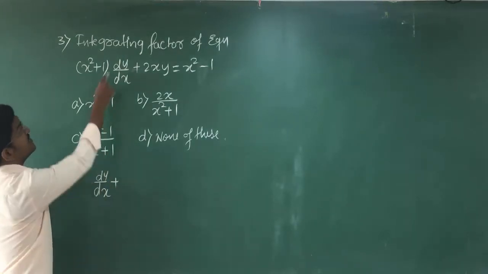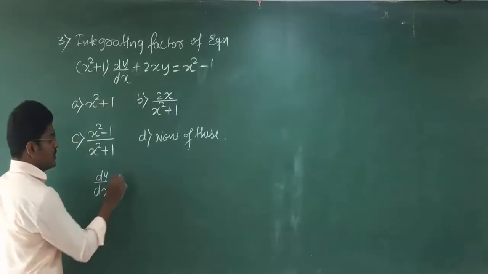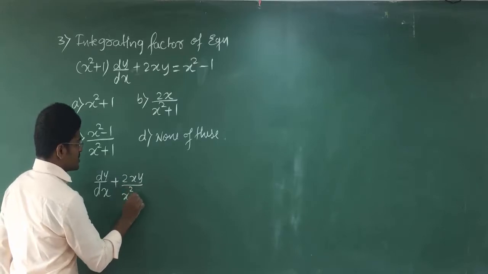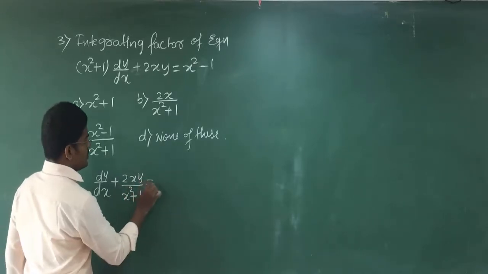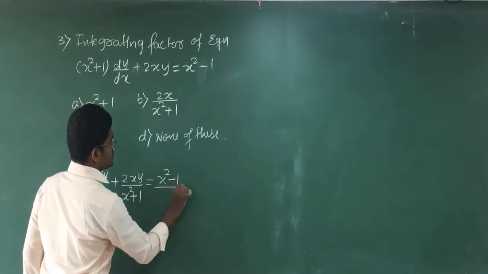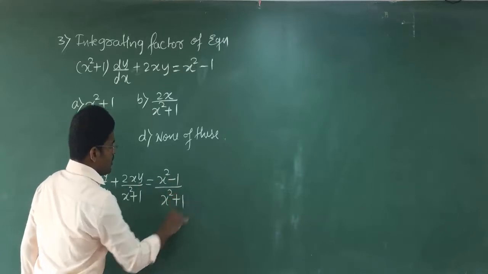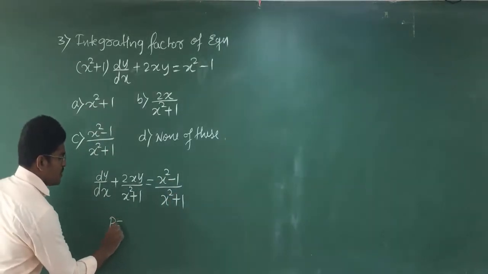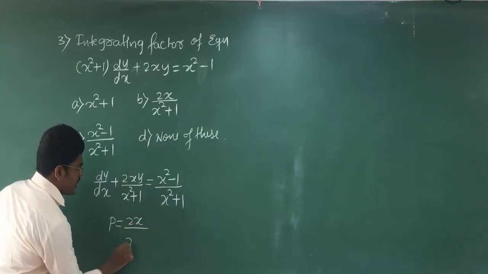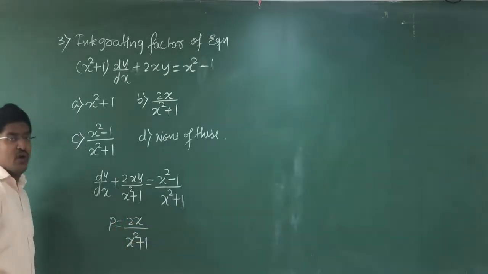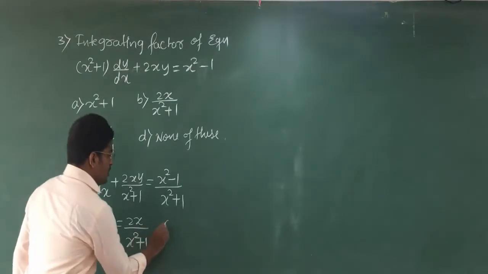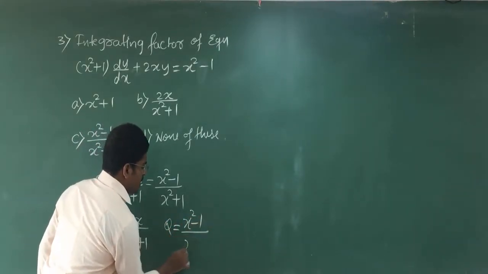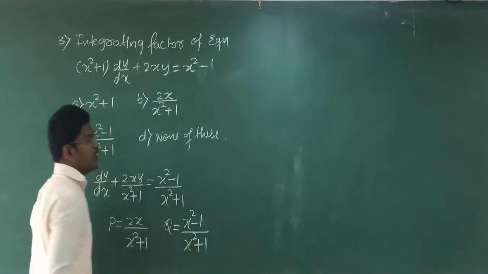So now dy by dx plus, this equation can be written as 2xy divided by x square plus 1 equal to x square minus 1 divided by x square plus 1. Clear? So here p equal to 2x divided by x square plus 1, q equal to x square minus 1 divided by x square plus 1.